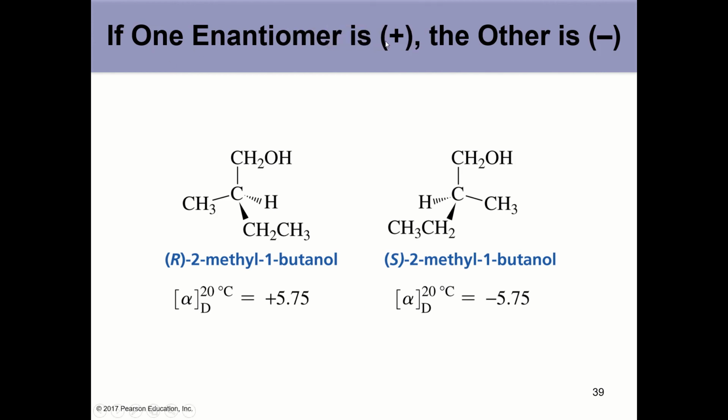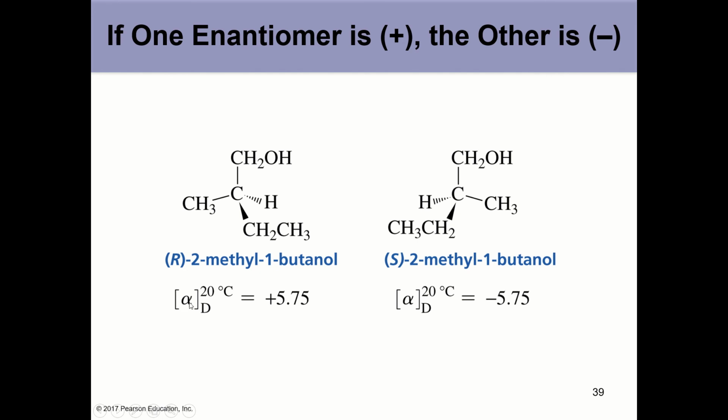If one enantiomer is clockwise, then the other enantiomer is counterclockwise. If you know one is clockwise, you do not need to measure the other enantiomer. The other nice thing about the enantiomers is that they rotate light in equal but opposite directions.